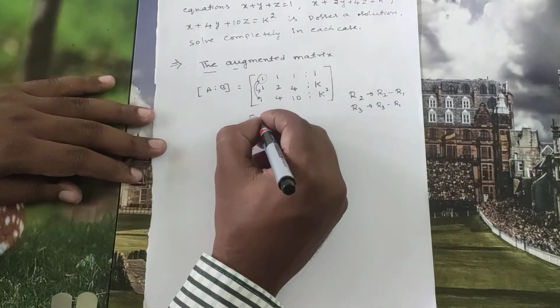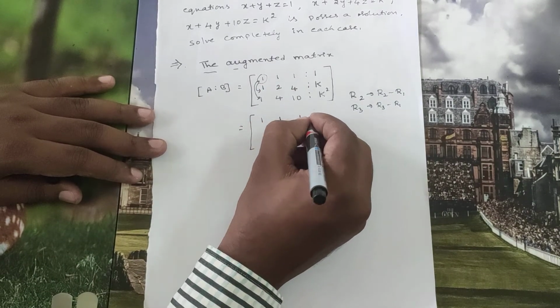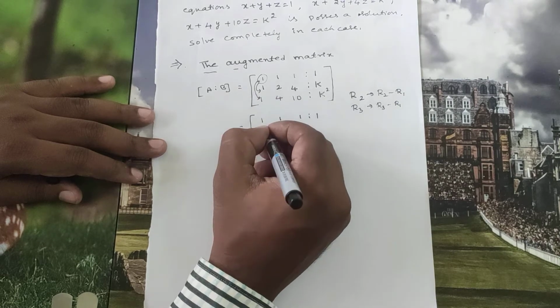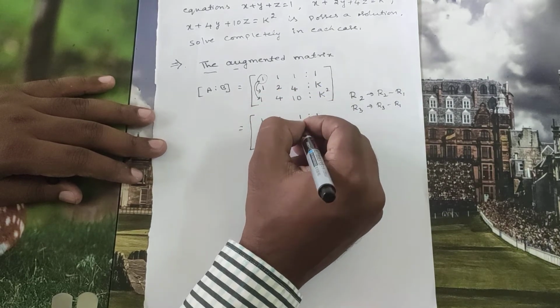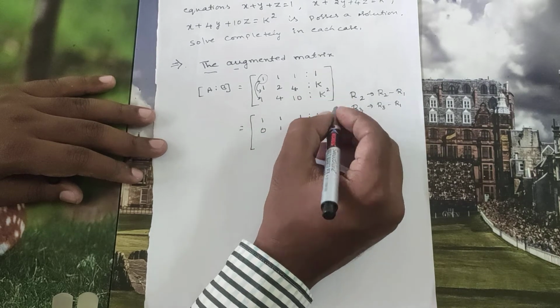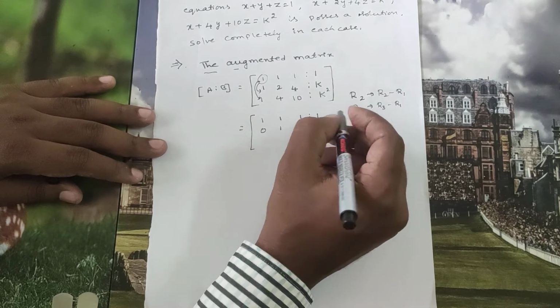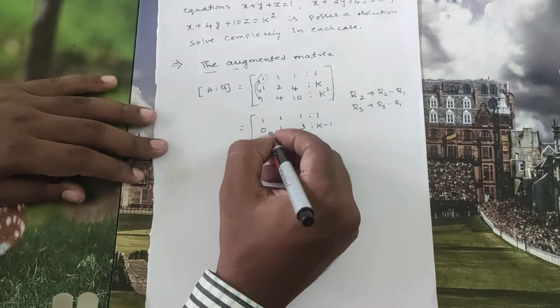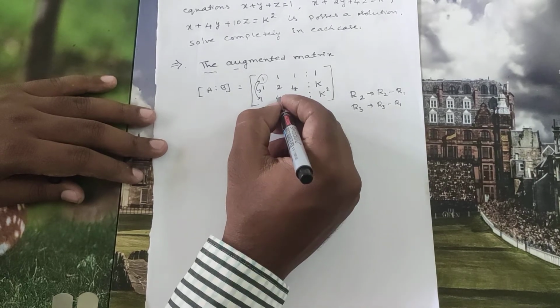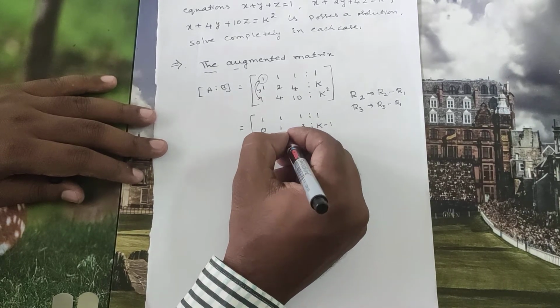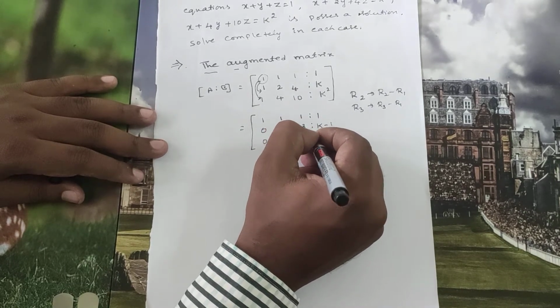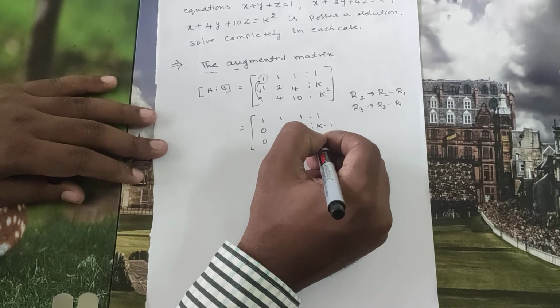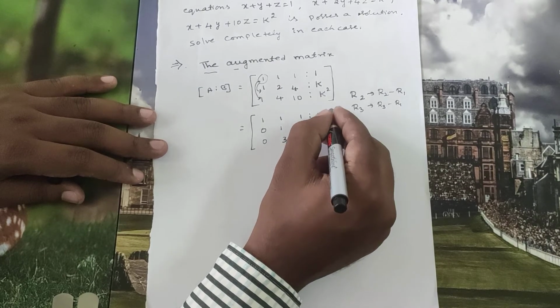So what do you get here? 1, 1, 1, 1, and here this becomes 0, 2 minus 1 you get 1, 4 minus 1 you get 3, and k minus 1. And here this becomes 0, 4 minus 1 you get 3, 10 minus 1 you get 9, and k square minus 1.